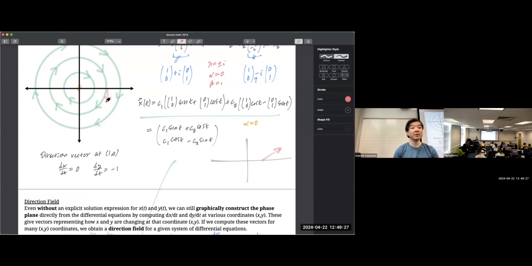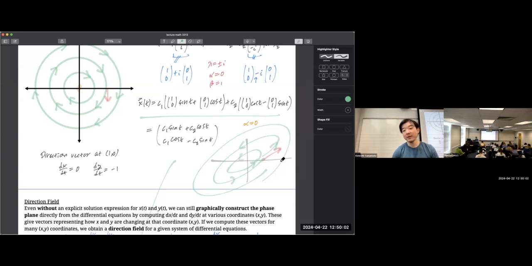The direction vector here was just purely down, so this is actually the right shape for the stable spiral. But for this one, it's not going to be a perfect circle anymore because you have to be tangent to this direction vector. So you're going to have ellipses like this, and the arrows are going to go like this.